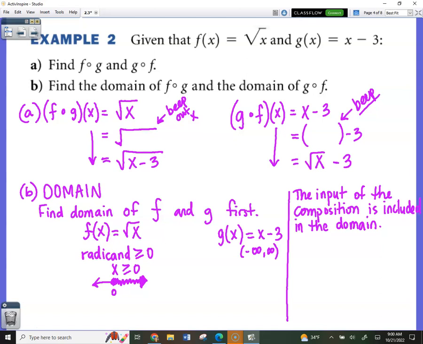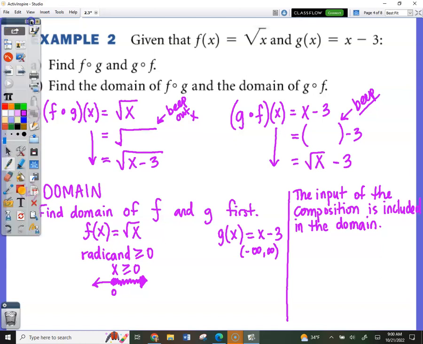And y'all said no, 2 was in green but not in blue. It's the same concept here. So what you just wrote was the input, meaning the inside function. The inside function has to be included in your domain when you're finding the composition.